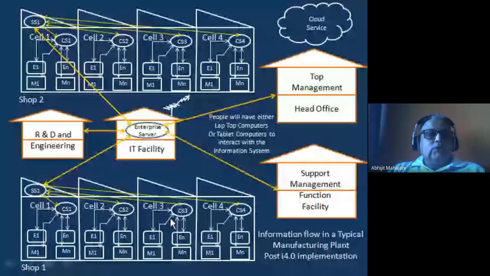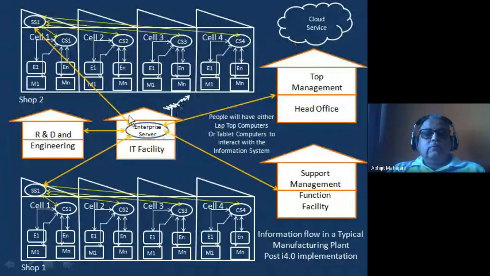Each shop has got some cells, one, two, three, four, and they have equipments and machines, and all those equipments and machines are connected to the cell servers, and the cell servers are connected to your shop servers. The shop servers are connected to your enterprise server, and the enterprise server is connected to all the terminals all around. So this is your gateway now, and it can communicate with the cloud if needed.